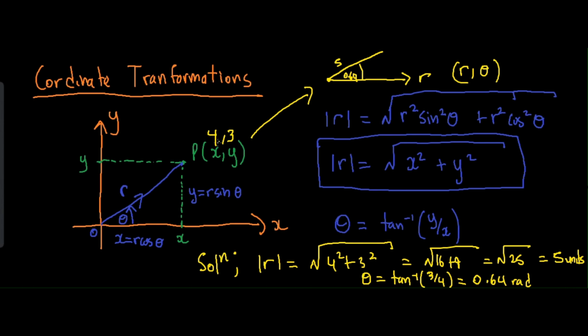So a point in terms of x and y becomes, well, not a point, it becomes a vector in terms of r and theta.